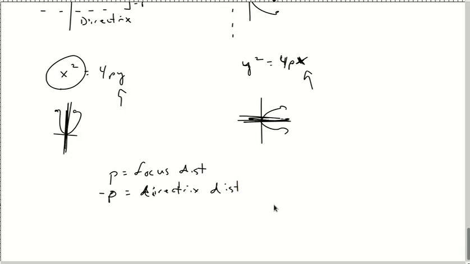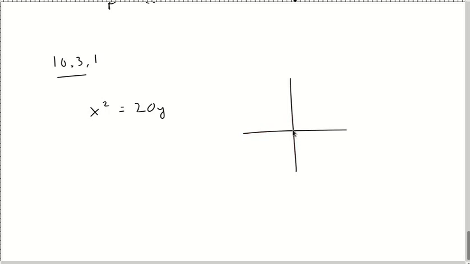Cool. So let's do some math. I got 10.3.1. I got x squared is equal to 20y, and that's it. Notice x squared, we know that one. That's going to look like this. So there's your parabola already. Notice that this was supposed to be a 4p.